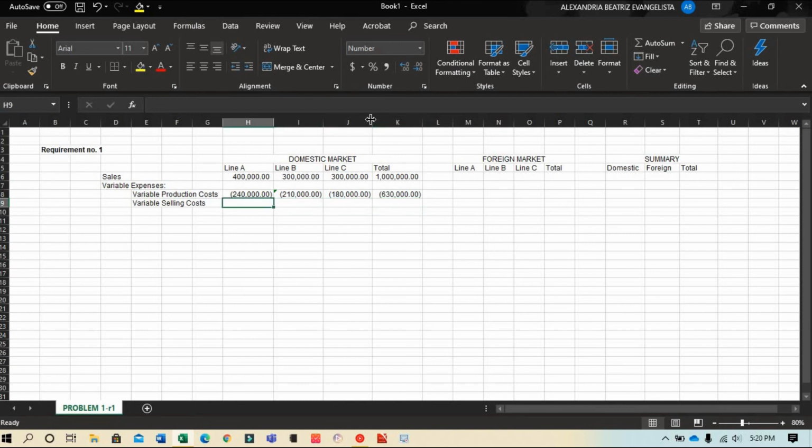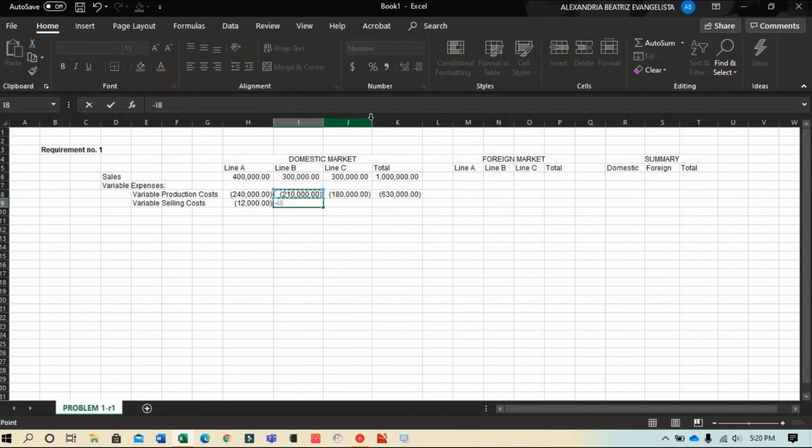And then for the variable selling cost, we're going to multiply the sales by the percentage given in the table, because it just said percentage of sales. So for line A, it is 3% of 400,000. We're going to get 12,000.